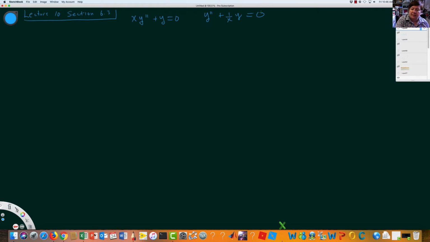In this case, big P of x is 0, because there's nothing proportional to y prime. So little p of x, which is x times big P of x, is 0, and all the coefficients a0, a1, etc., are all 0.